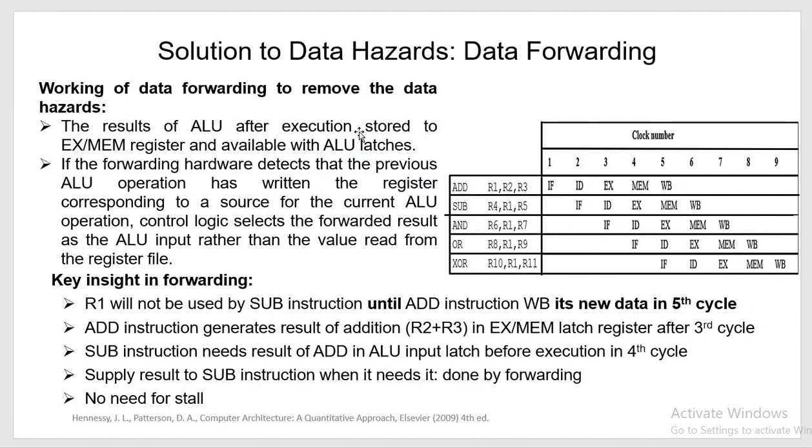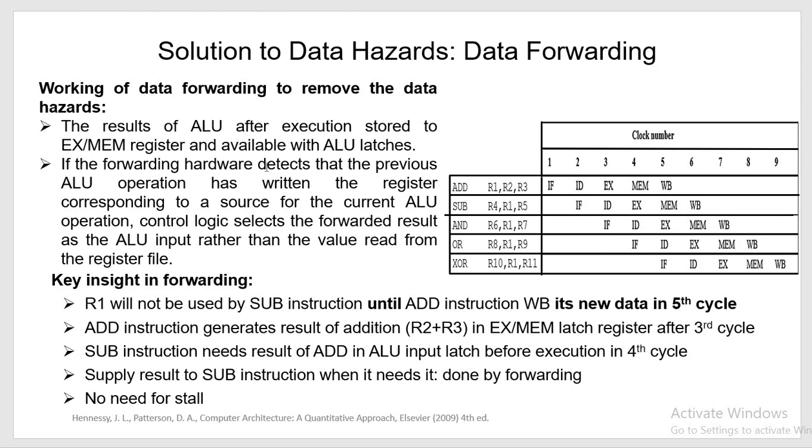So by taking advantage of this, as we know, after the completion of the execution, or after the completion of the arithmetic and logical unit, the result will be stored in the EX or memory access set of registers, and will be available with the ALU latches as well.